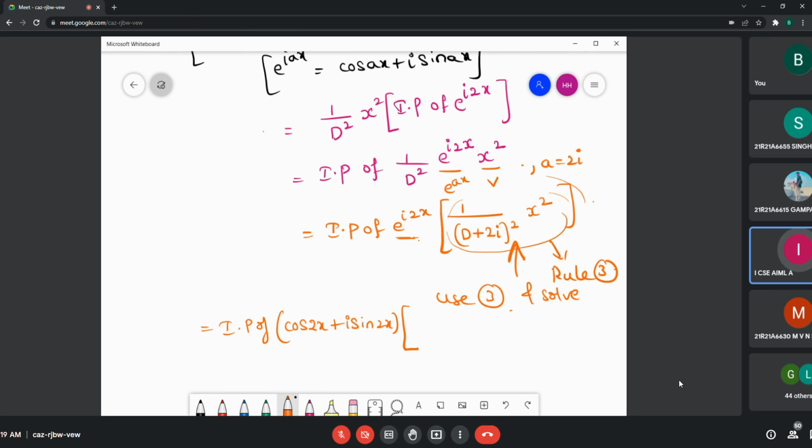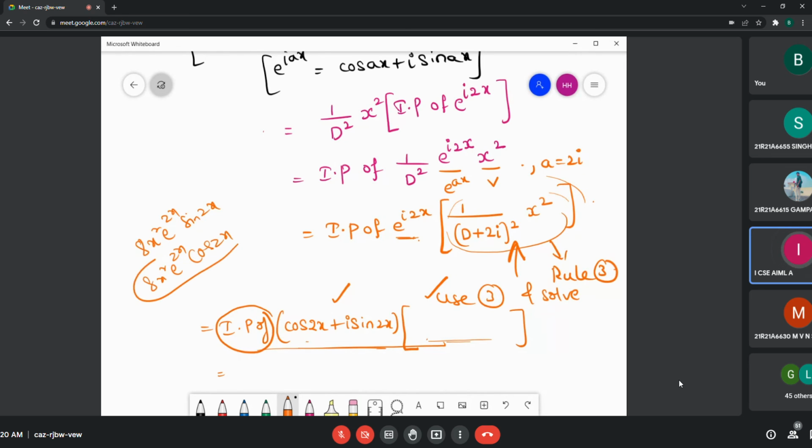Finally take the product of these factors and take only the imaginary part; that is the solution of 8x square e power 2x into sine 2x. If you take the real part, that is the solution for 8x square e power 2x into cos 2x. This way you have to solve in rule 5.